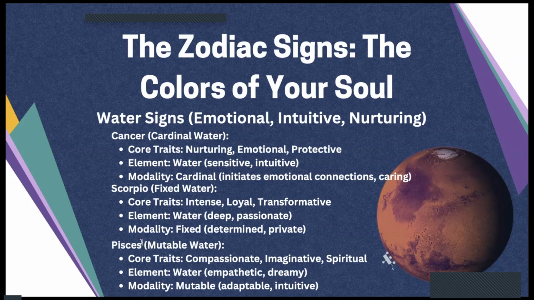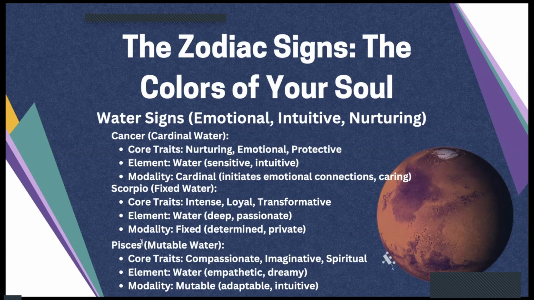And the modality, the fixed, adds the determined nature, adds the private nature to them. Remember the fixed, determined, right? You can also throw in resilient, private. So until they feel like they know you, they're going to be private. And matter of fact, the Scorpio will ask you more questions about yourself than they'll answer about themselves.